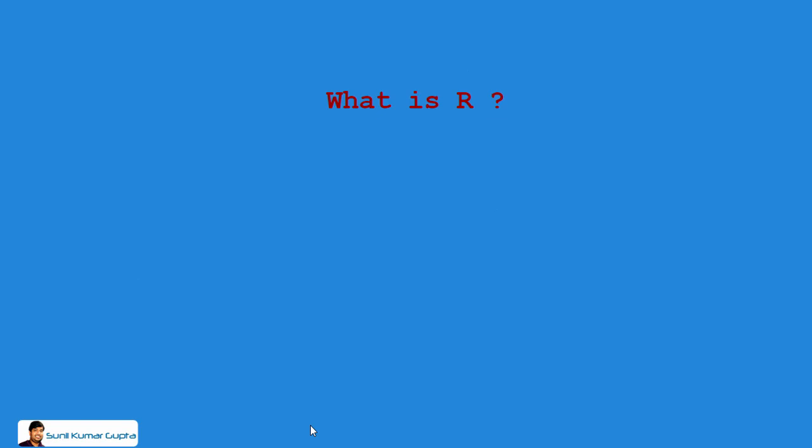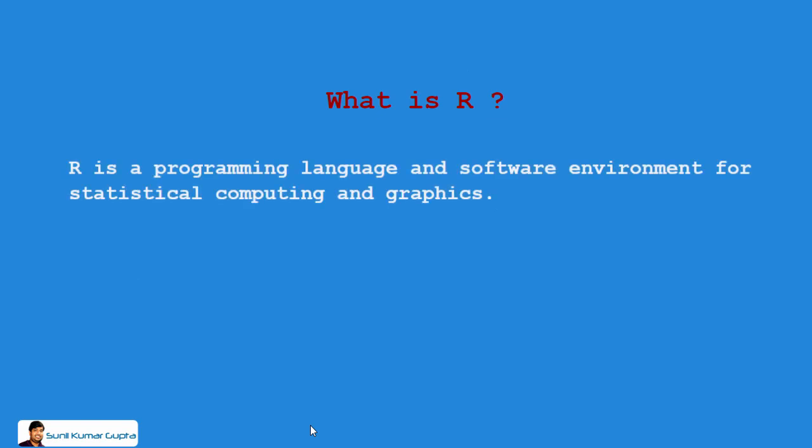So what is R? R is a programming language and a software environment. R is not just a programming language, it's a software environment for statistical computing and graphical interpretation of data. So we use R to analyze the data, to do scientific research on the data.